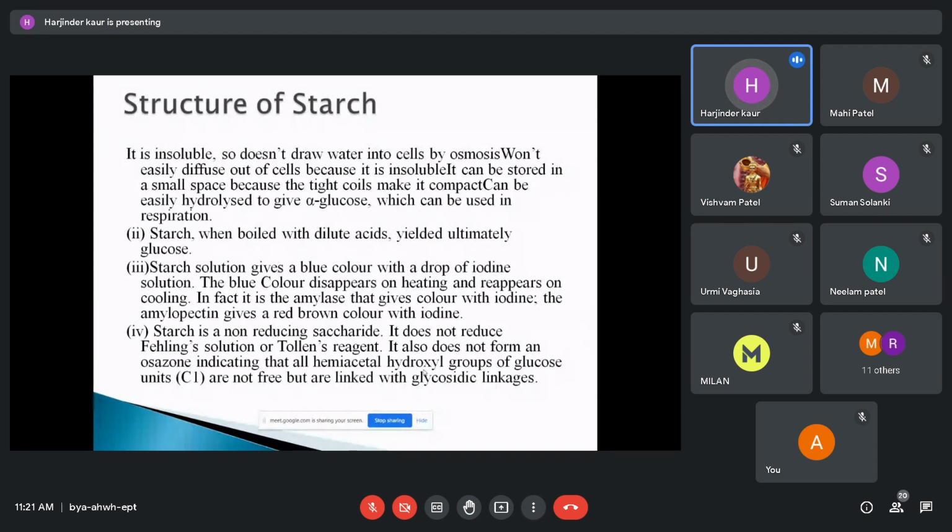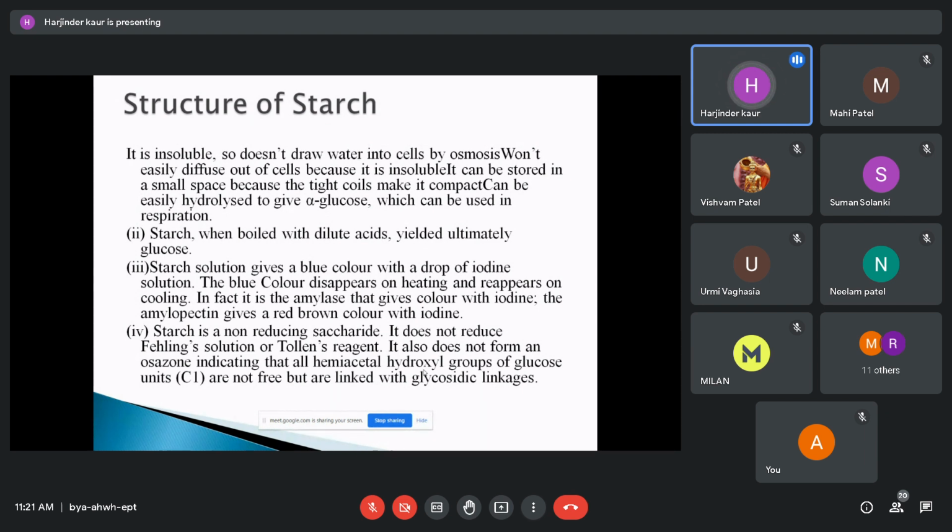For example, in the case of sucrose, which is a disaccharide and which we studied yesterday, carbon 2 of the fructose and carbon 1 of the glucose are joined together. So both the aldehyde of glucose and the ketone of fructose are linked, and that is why it becomes non-reducing in nature. But in other cases, like maltose, it is a 1,4 linkage.